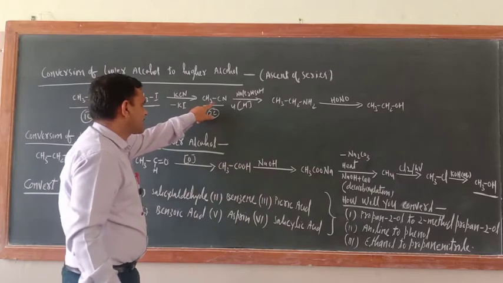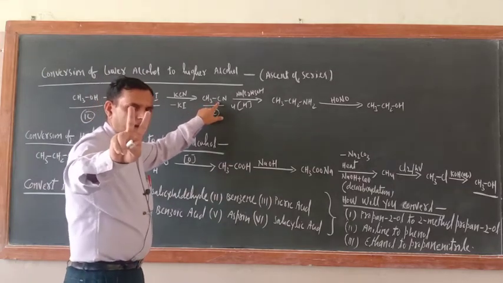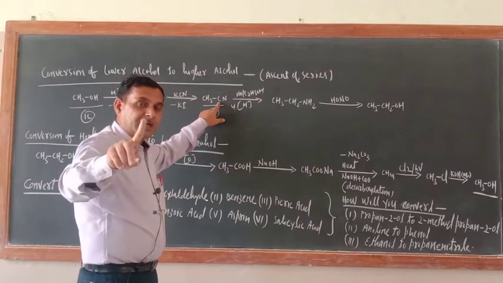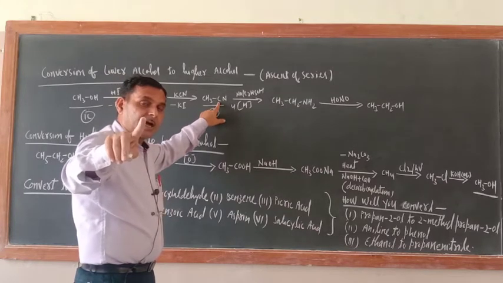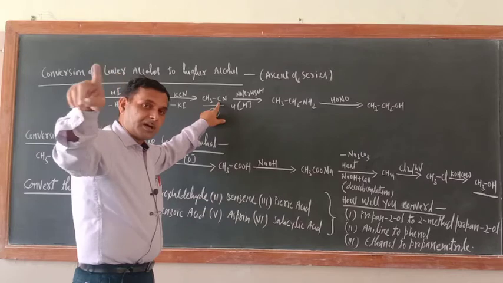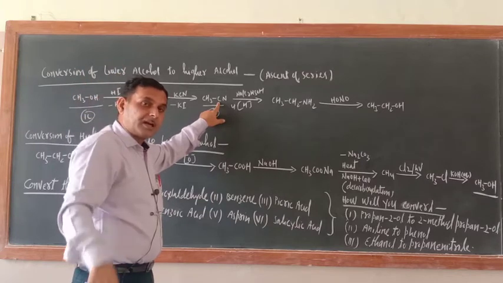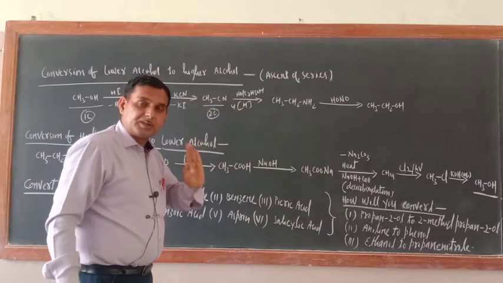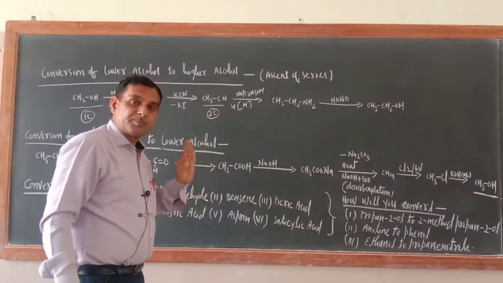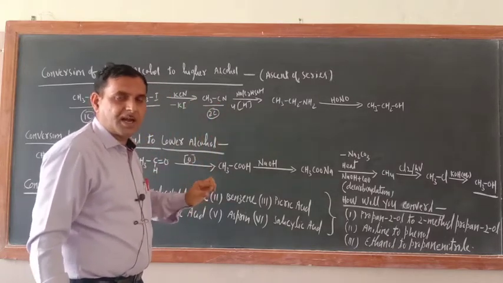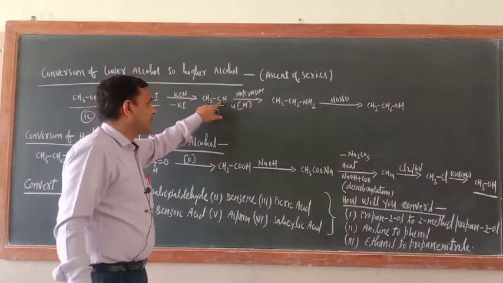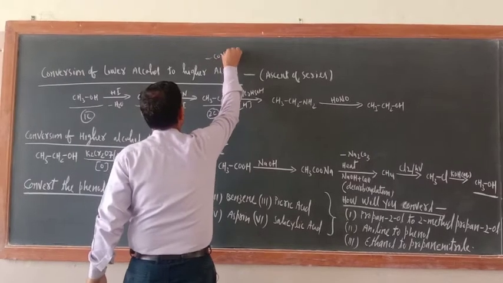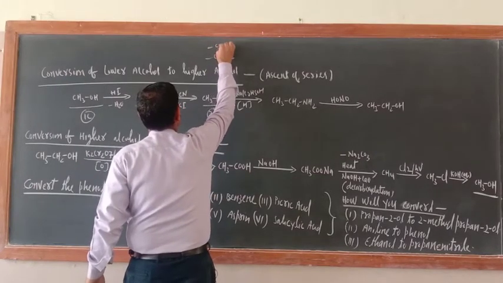Now the number of carbon atoms is increased. Cyanide is a very important compound. If cyanide is subjected to acidic hydrolysis, it is converted into COOH. If it undergoes partial hydrolysis, or basic hydrolysis, it is converted into amide, CONH2; acid means COOH.